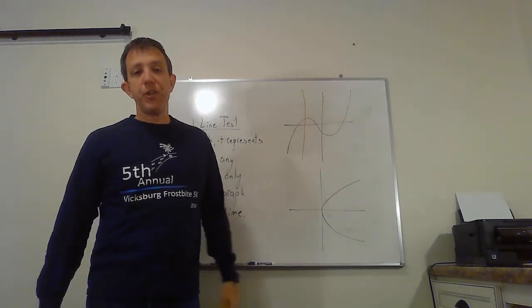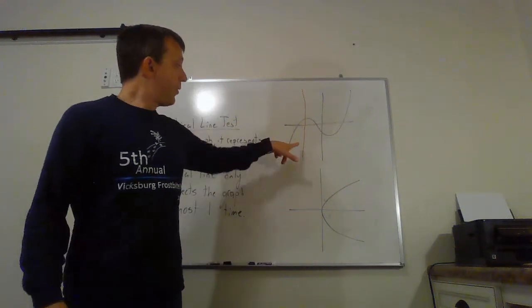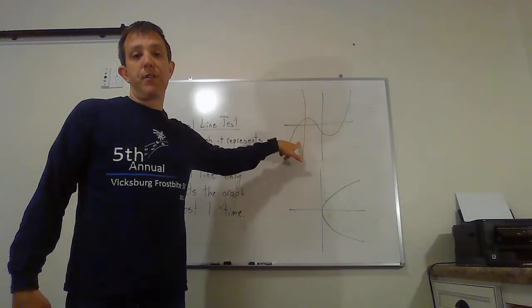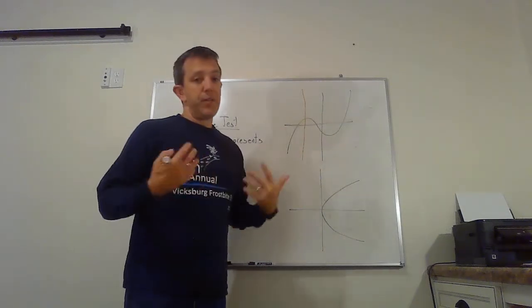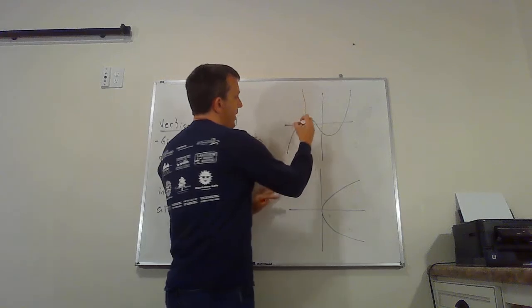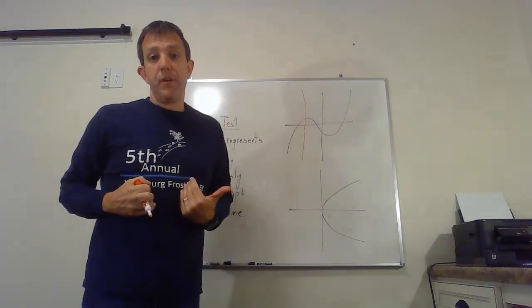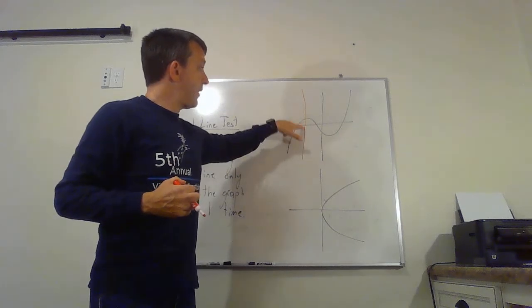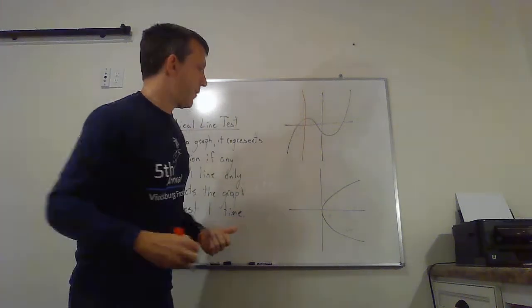Well, is there anywhere you could draw that vertical line where you'd hit the graph more than once? No. So this one absolutely represents a function because that's what the vertical line test says. Any vertical line only hits the graph once. And again, that makes sense because this vertical line represents a specific x value. Okay? And so if your specific x value only has one y value, that's our definition of a function.